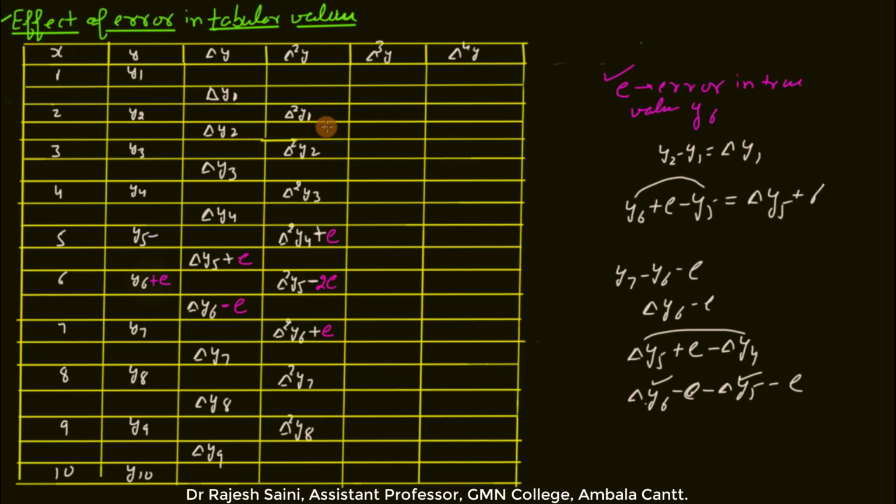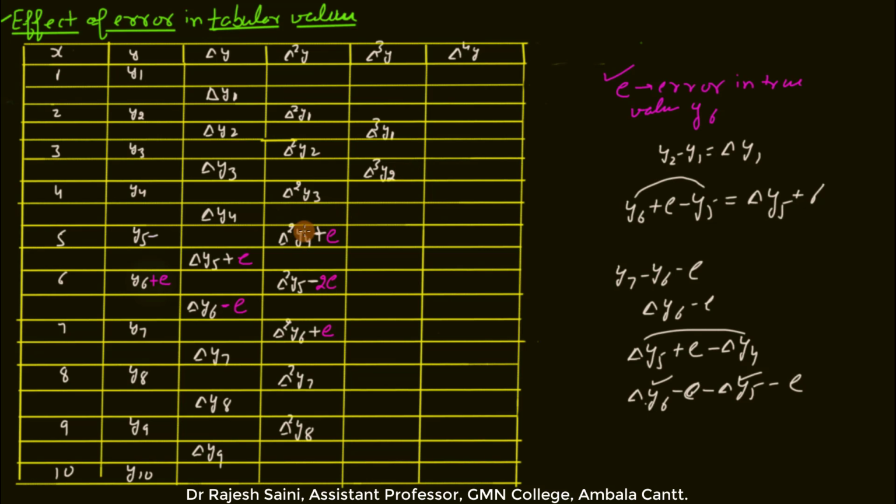We'll write delta square y2 minus delta square y1, which is delta cube y1, and delta square y3 minus delta square y2 is delta cube y2. Fine.